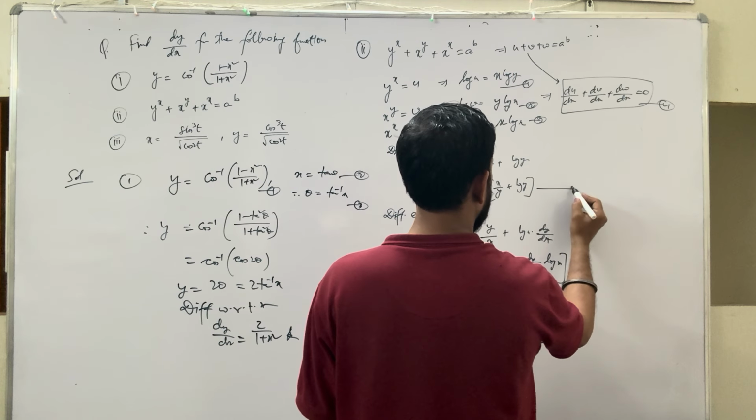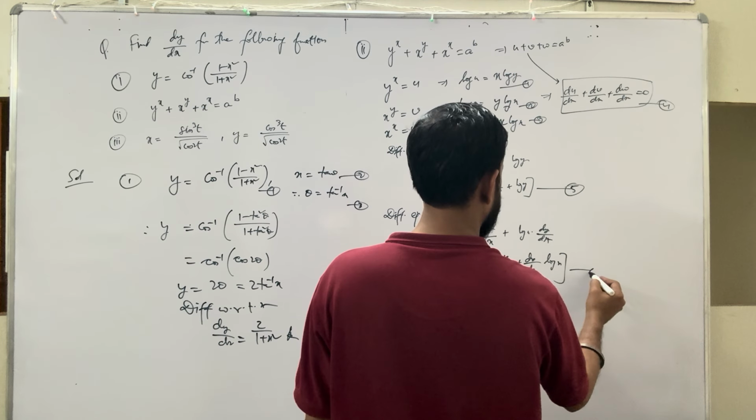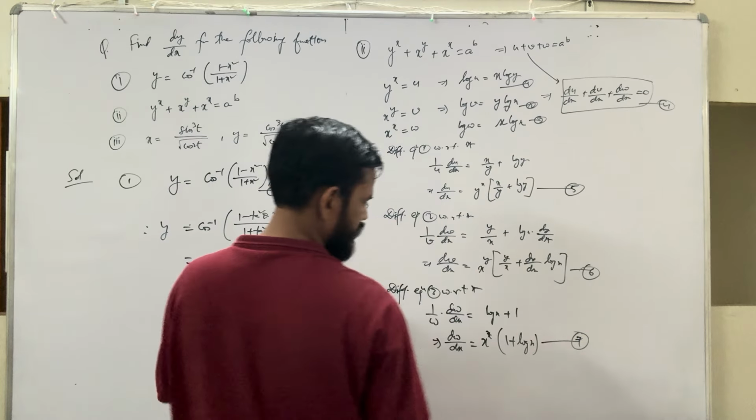So we have du by dx, dv by dx, and dw by dx.